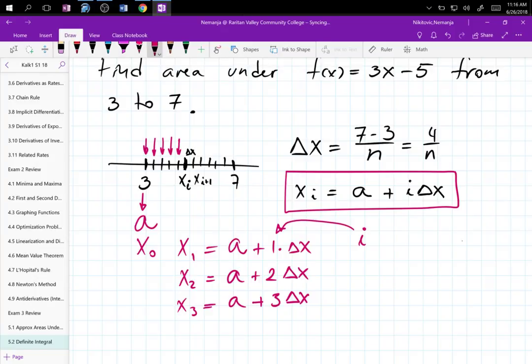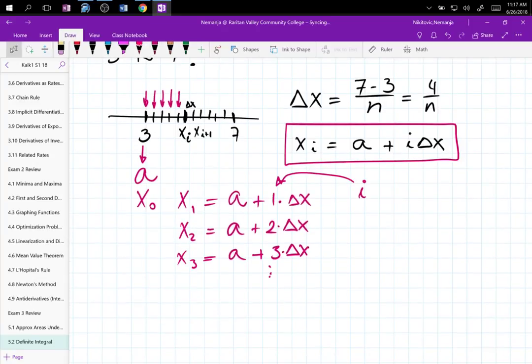You get 1 times delta x, 2 times, 3 times, going on forever. So that gives us the formula up there, and I can calculate my xi. My xi is 3 plus i times 4 over n.